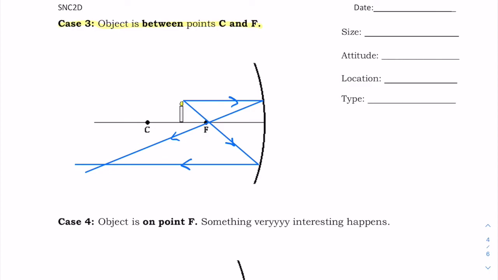The third one I'm going to draw is the one that passes through C. When this one reflects, it just comes back in the same direction it came in at.